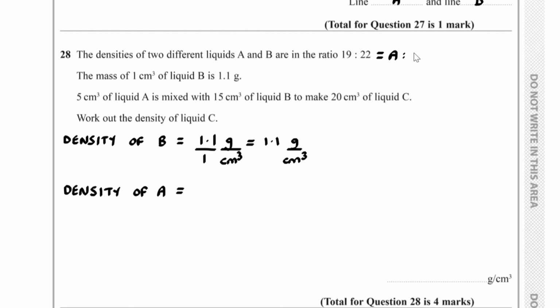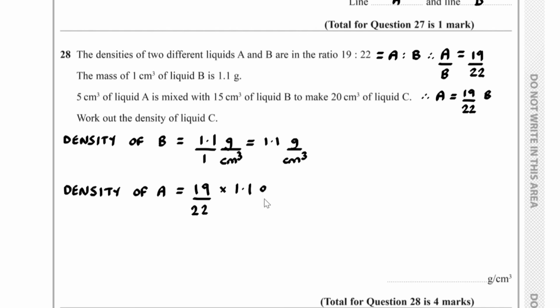So for the density of A, if I've got this ratio A to B equaling 19:22, that would mean that the fraction A over B is equal to 19 over 22, which means that A is equal to 19 over 22 times B. So the density of A is equal to 19 over 22 times 1.1 grams per centimeters cubed.